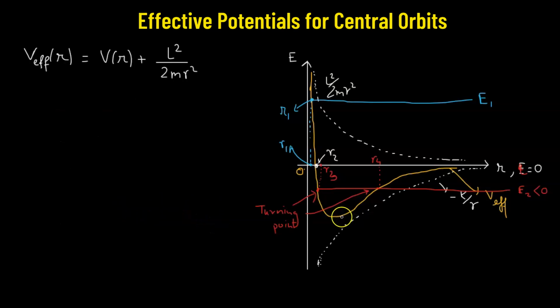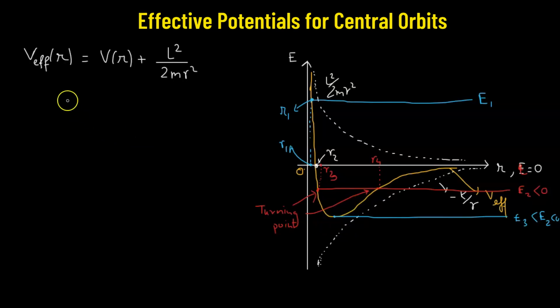Finally, we consider another value of energy, at the lowest point of this effective potential, where the energy, which is E3, is even less than E2 and negative as well. In that case, the two turning points R3 and R4 coincide with each other.